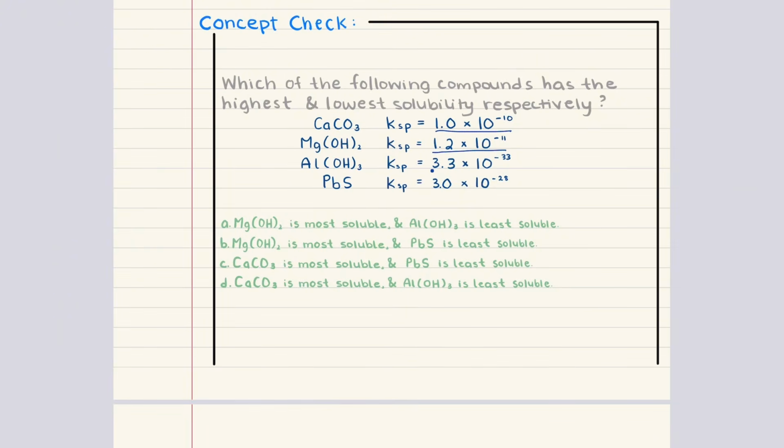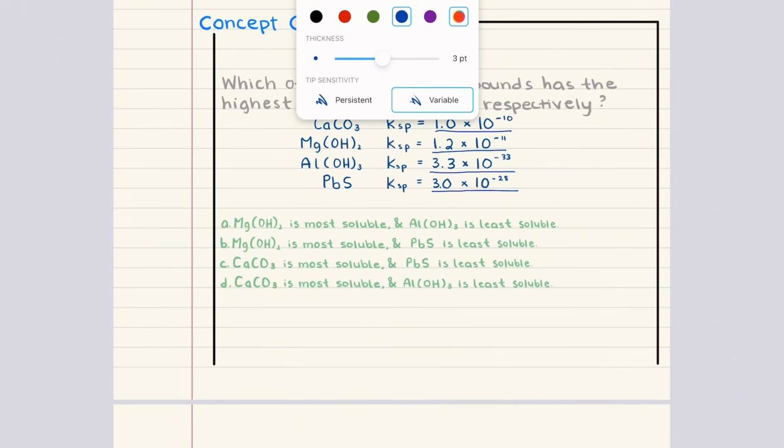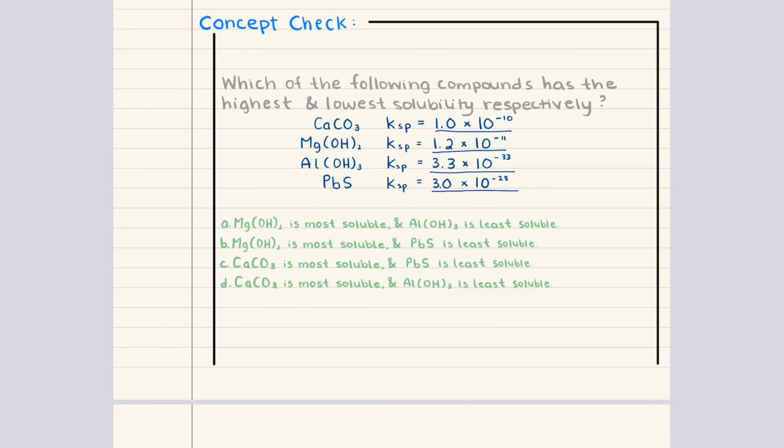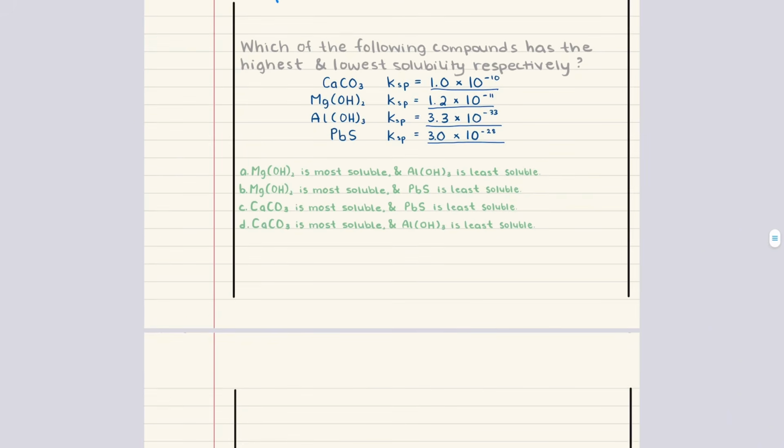We have aluminum hydroxide with a KSP of 3.3 times 10 to the negative 33. And lead sulfide with a KSP of 3.0 times 10 to the negative 28. To answer this, we can't just compare the KSP numbers directly. We need to solve for molar solubility X in each case.